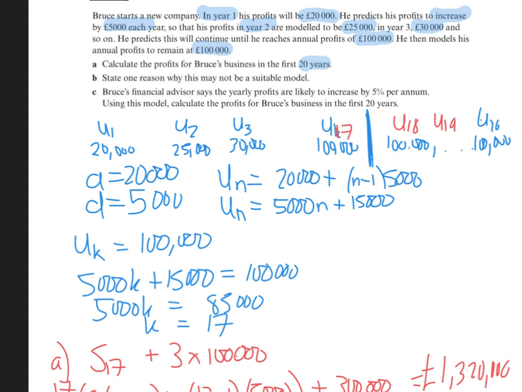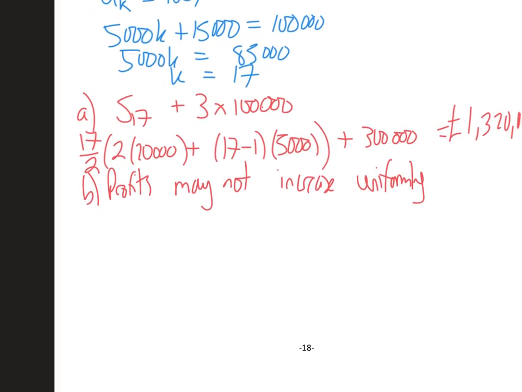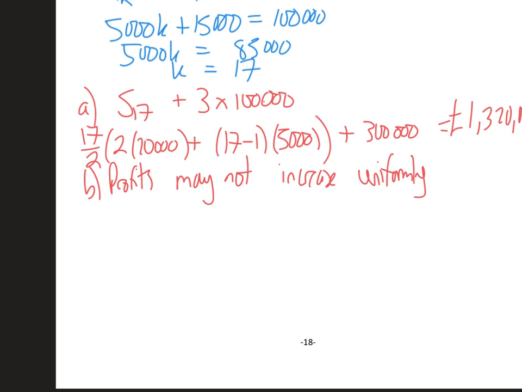Okay, C. Bruce's financial advisor says the yearly profits are likely to increase by 5% per annum. So that means my multiplier, if I'm thinking of multipliers, will be 1.05. Using this model, calculate the profit for Bruce's business in the first 20 years. So let's use a different colour for this one.